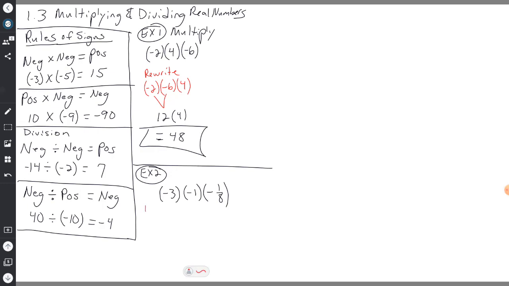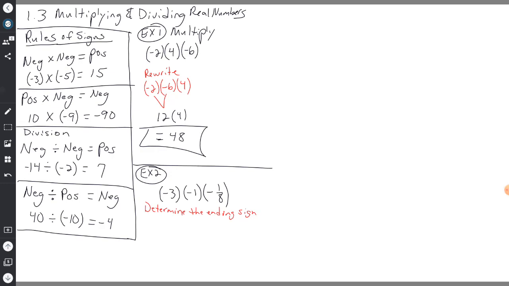One thing we can do when we start to work with problems like this is determine the ending sign.